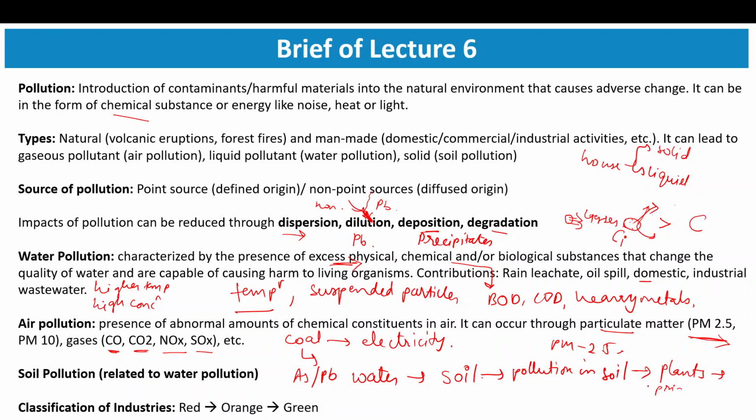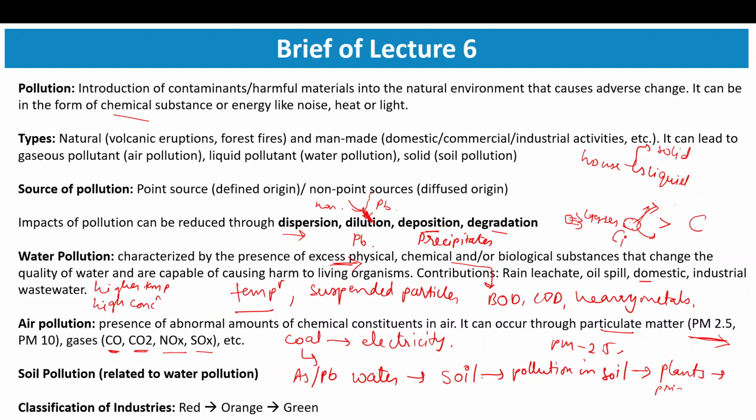Now, once we have learned what sort of pollution can happen, industries are the major cause of pollution if we talk about man-made pollution or the human activities which are causing pollution. So for the extent of pollution, industry has a major role.